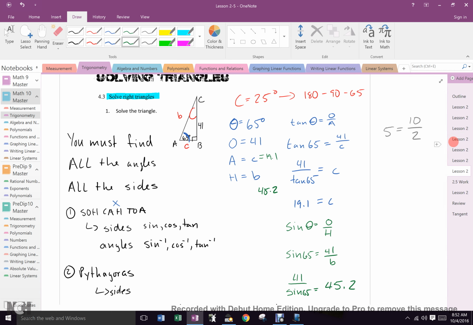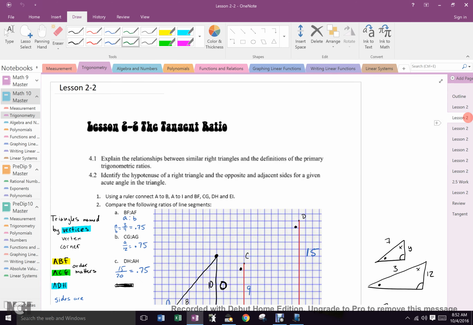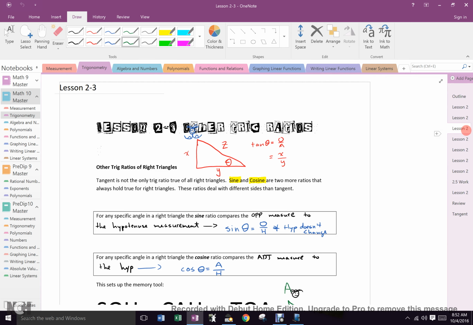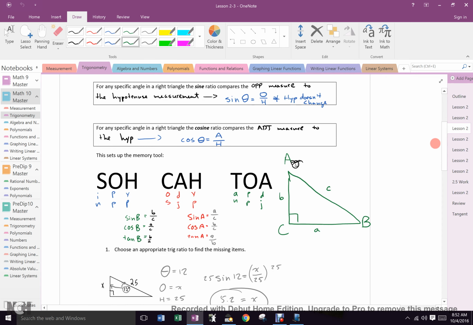So, I can shut up because really there is nothing more to trig than practice. My grade 10 trig lesson was this. The teacher wrote that on the board once and said, do it.